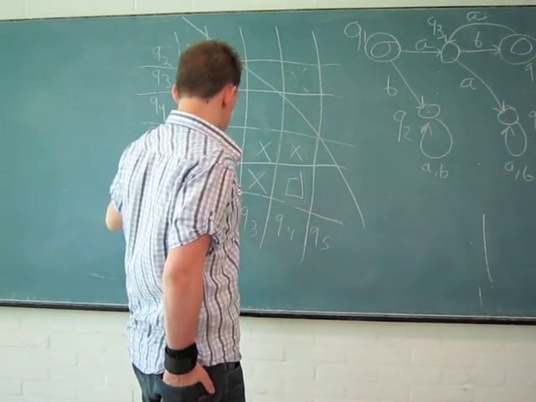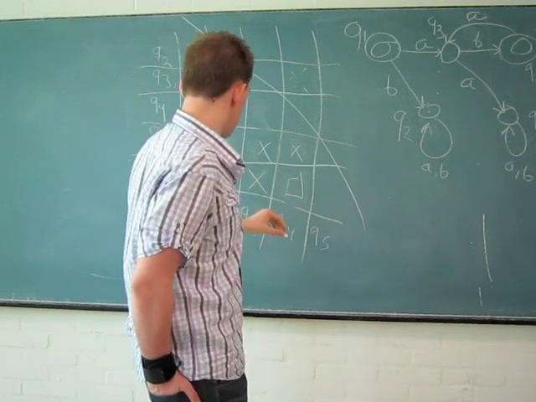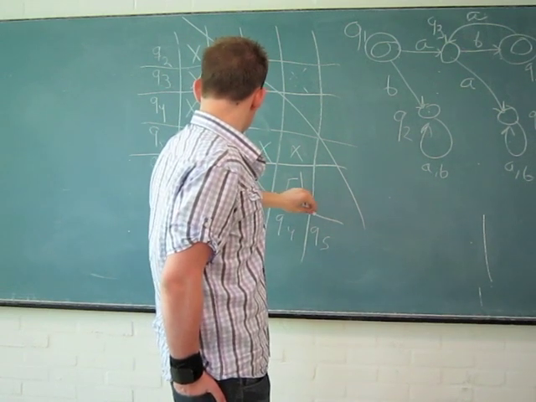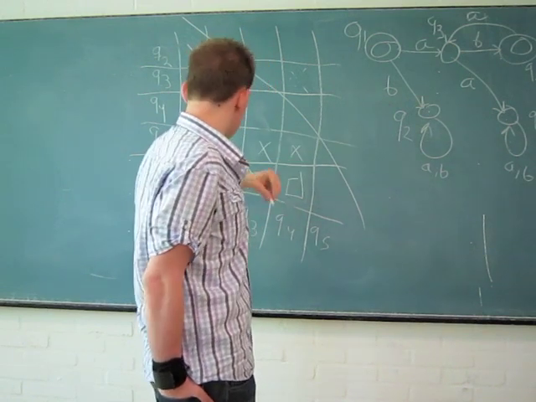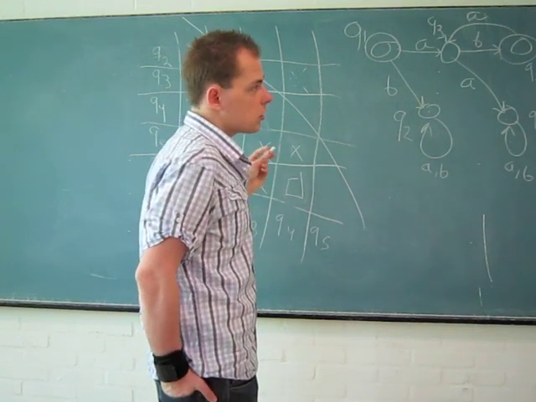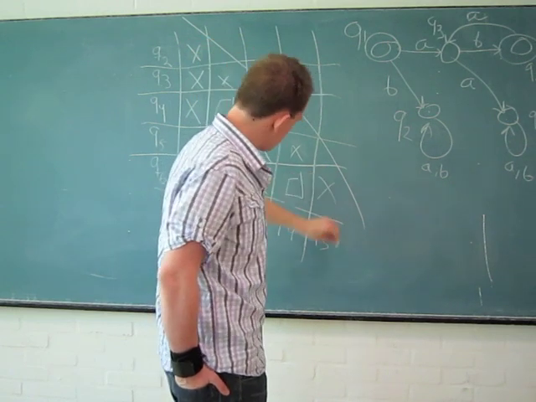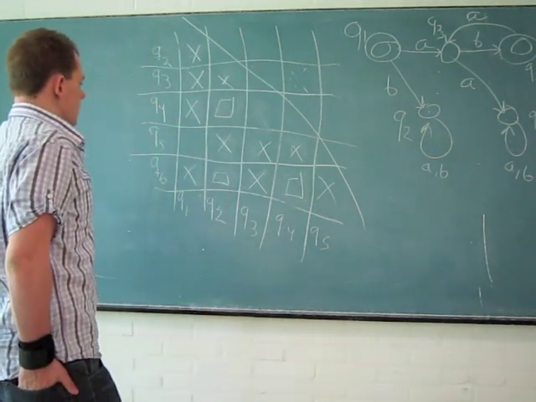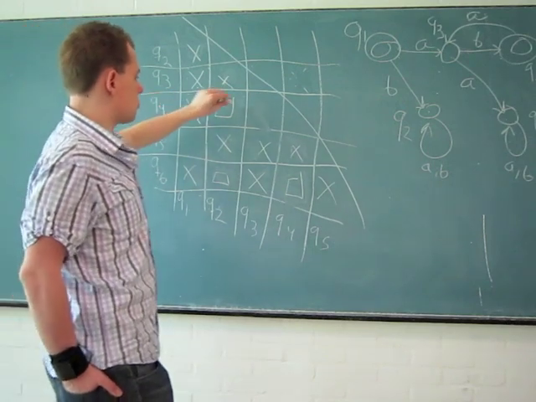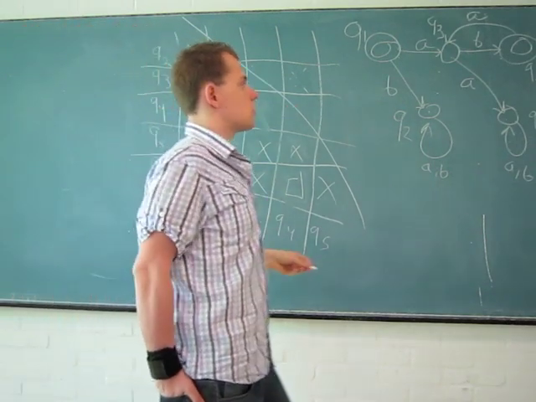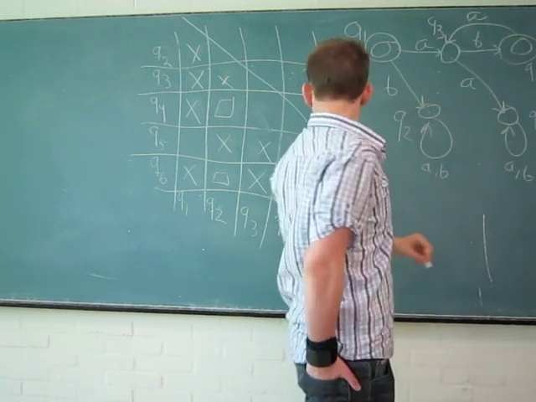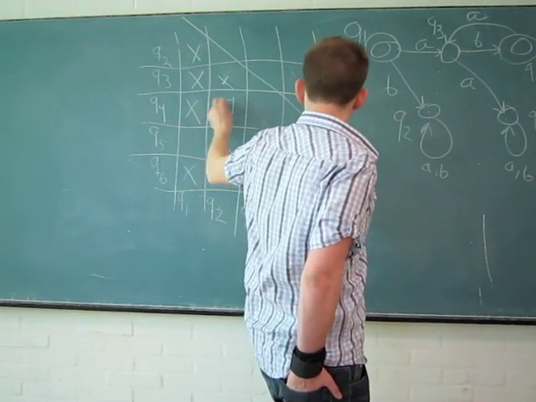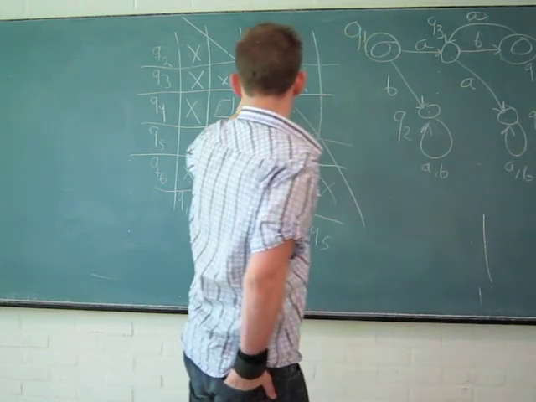Looking at Q6 and Q5, we know that Q5 is accepting and Q6 is not, so they are different. Now let's look at Q4 and Q3. We know they're different because Q3 will always go to an accepting state on the B, and Q4 will always go in circles, so they are in fact different.